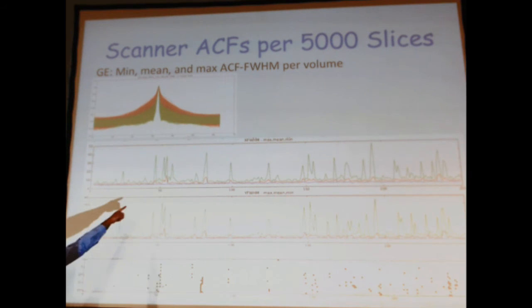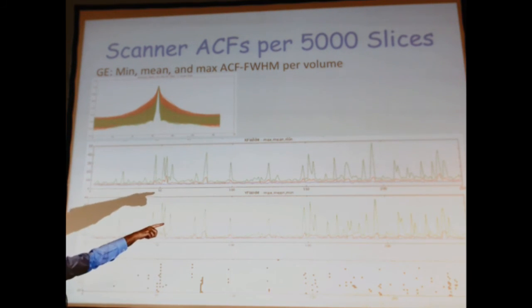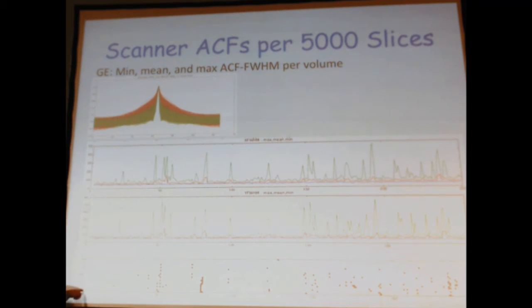On these plots here, I'm plotting as a function of TRs along the horizontal axis, 250 of them, the measured full-width half max using the autocorrelation function across, at every one of these points, 20 slices, and I'm plotting the max value across the 20 slices, the average value, and the minimum value.